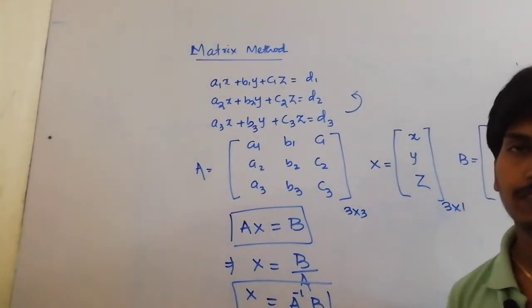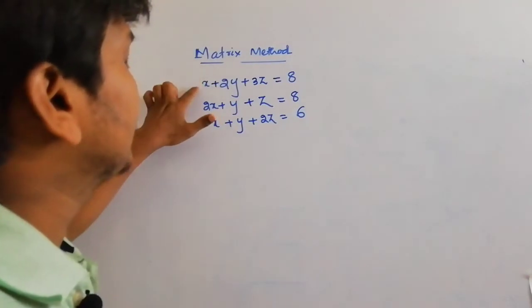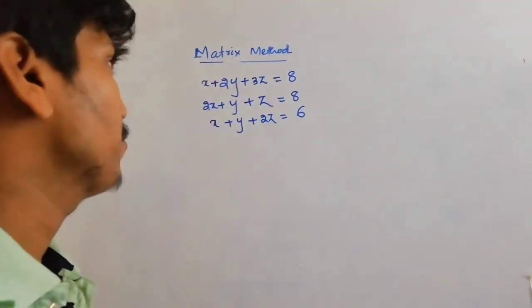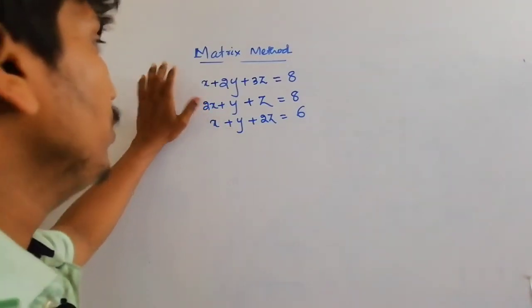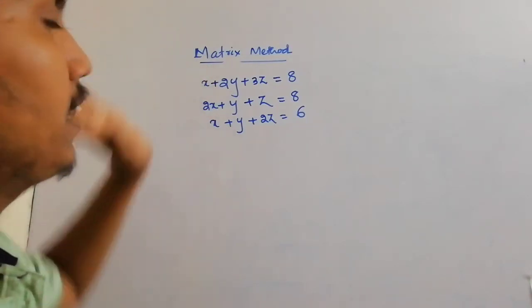Look at this example. This is a system of 3 linear equations having 3 unknowns. Now you have to find out the value of x, y, z using the matrix method.